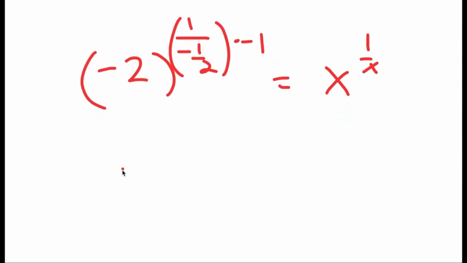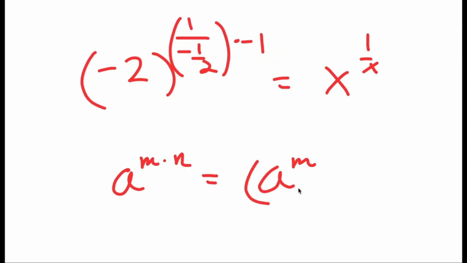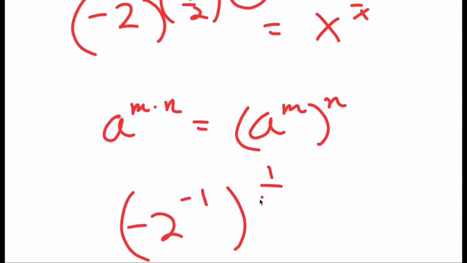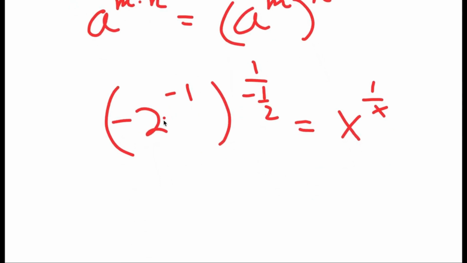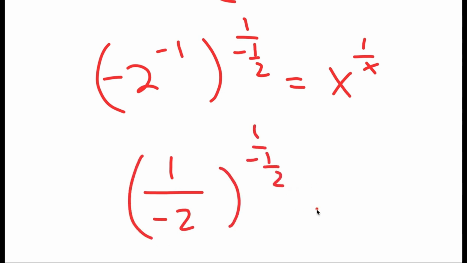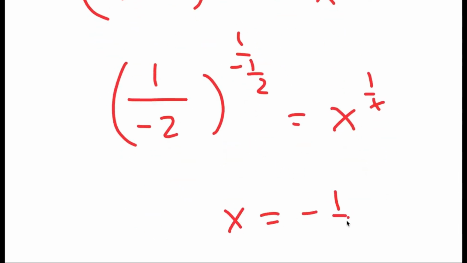And remember, if I have something in the form a to the power of m times n, this is equal to a to the power of m to the power of n. So this negative 1, I'm going to move to be an exponent of negative 2. So I get negative 2 to the power of negative 1 to the power of 1 over negative 1/2 is equal to x to the power of 1 over x. And negative 2 to the power of negative 1 is 1 over negative 2. So my solution here is negative 1/2.